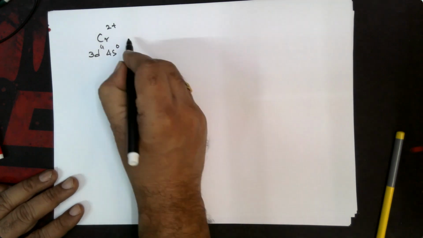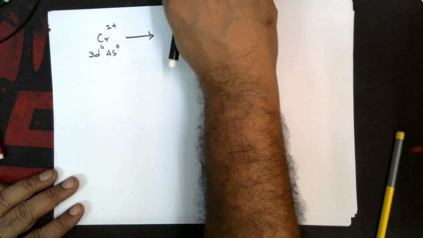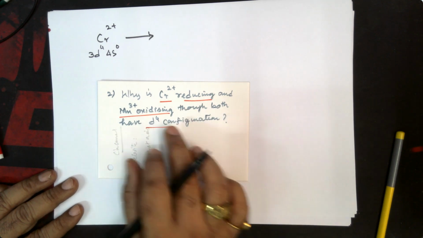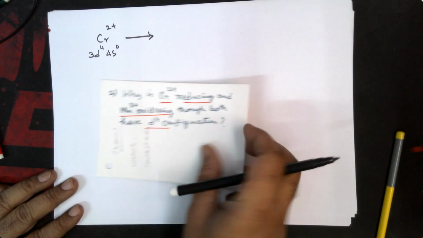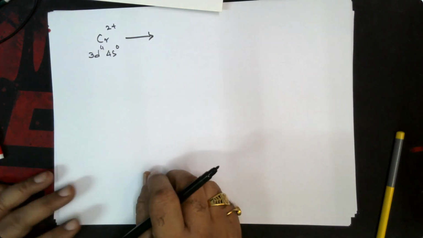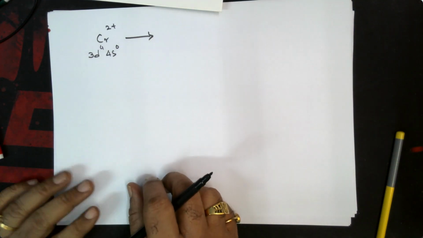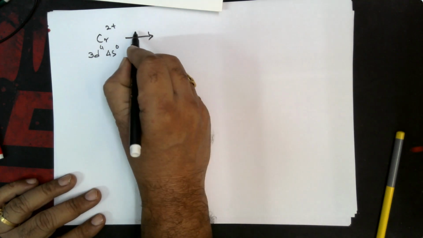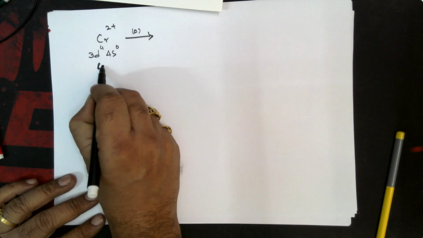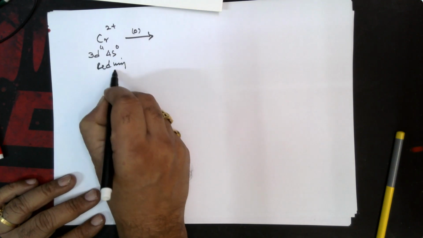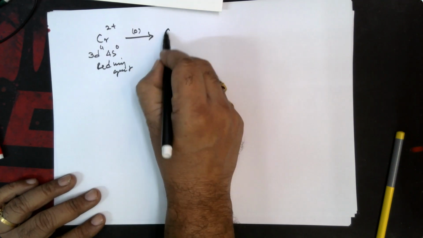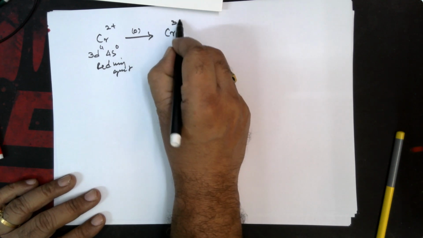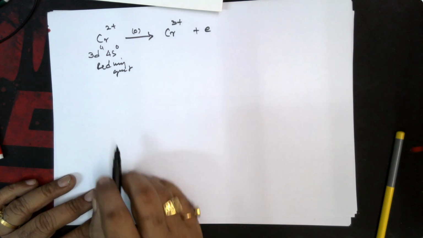Now, chromium is reducing. It acts as a reducing agent. Reducing agent means it undergoes oxidation. So it becomes Cr3 plus with the release of 1 electron, correct?